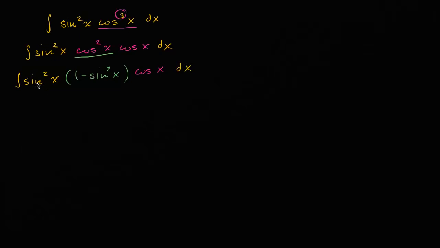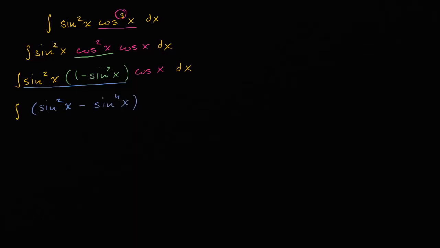And now I can distribute this sine squared times 1 minus sine squared, and I am left with the indefinite integral of, so sine squared x times 1 is going to be sine squared x, and then sine squared x times negative sine squared x is negative sine to the fourth.